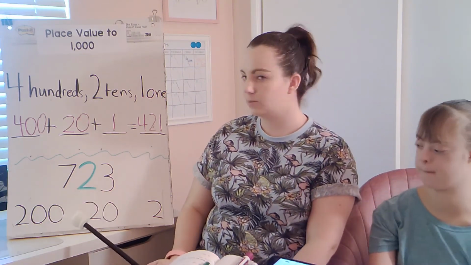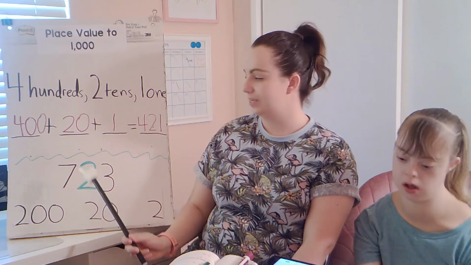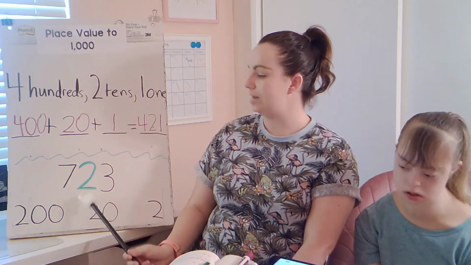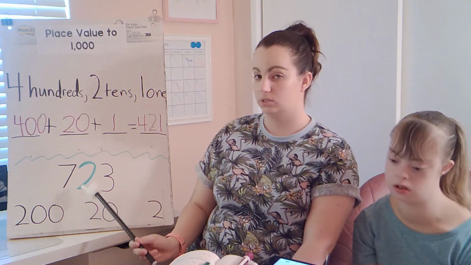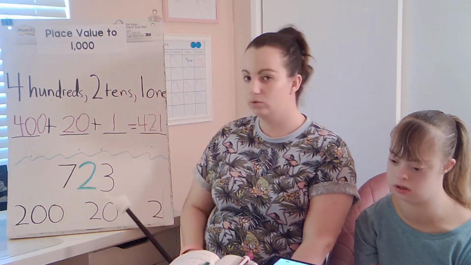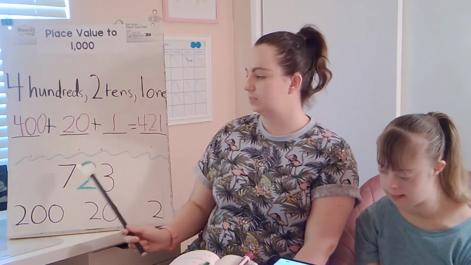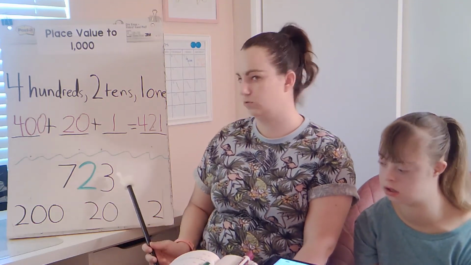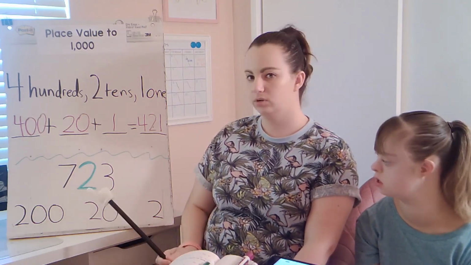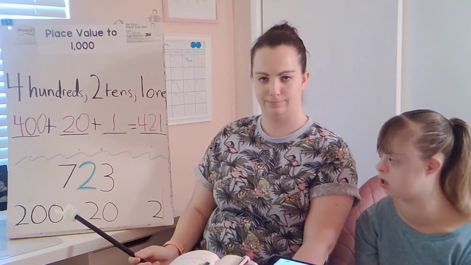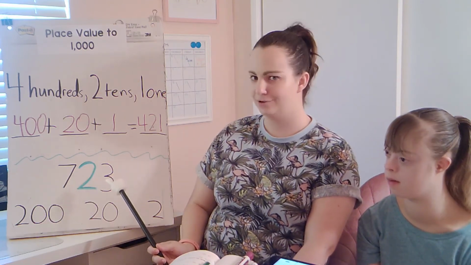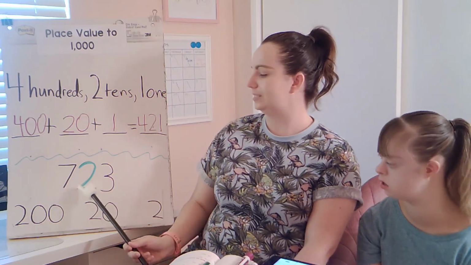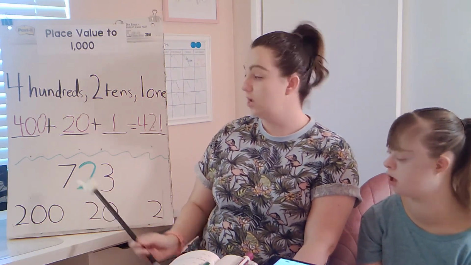We need to think about if the 2 is in the hundreds, tens, or 1 spot, and what that 2's value is, what the 2 is standing for. 723. Is that 2 standing for 200? Is it 700, 203? Think about how you say the number. Is it standing for 20?